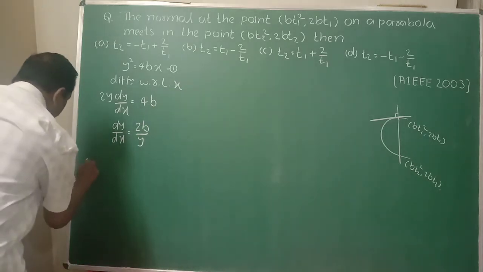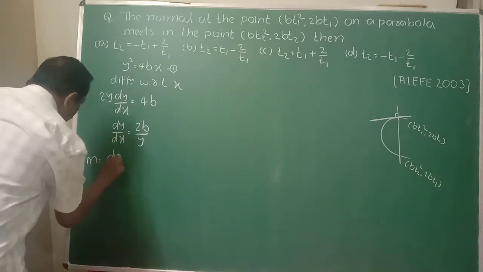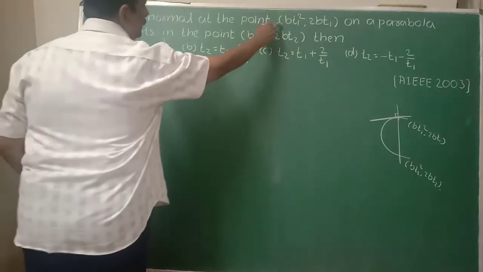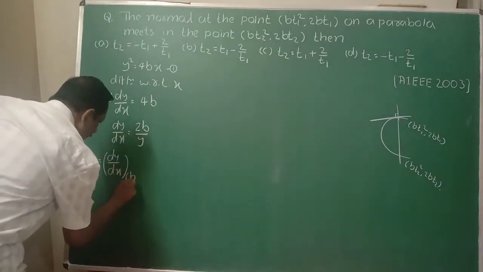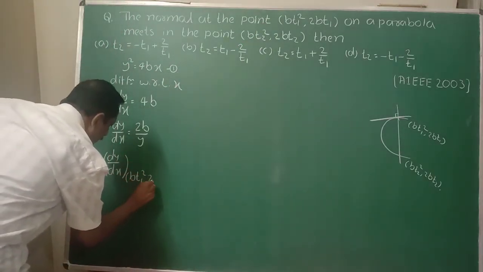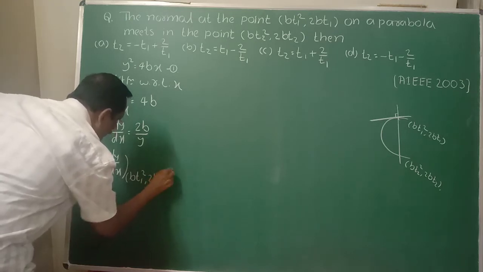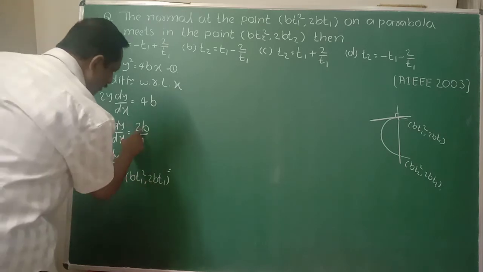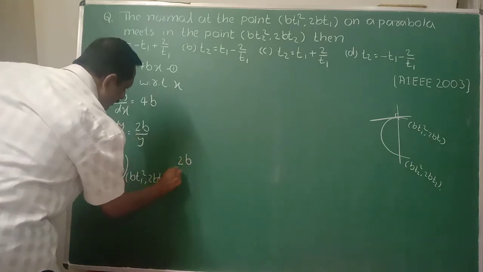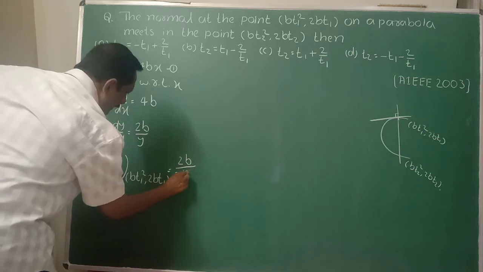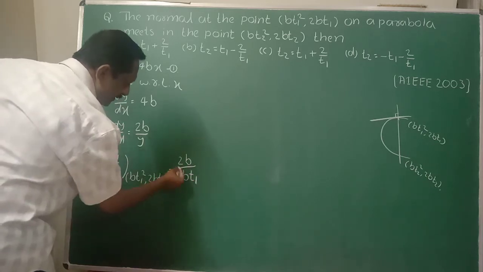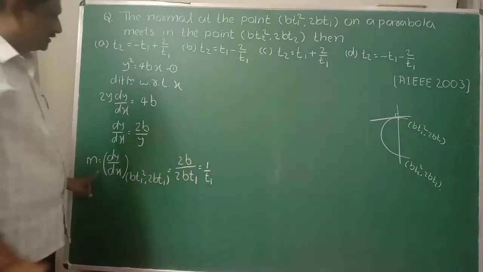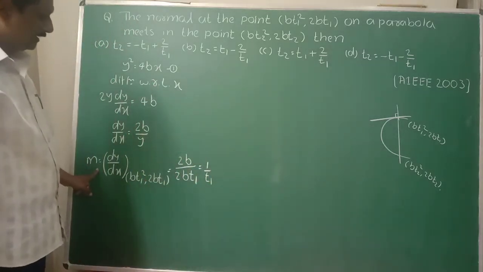Therefore, the slope of the tangent m is equal to dy upon dx at the point bt1 square comma 2bt1. Substitute y is equal to 2bt1, so 2b divided by 2b into t1. The 2b cancels, then the remaining is 1 divided by t1. So this is the slope of the tangent.